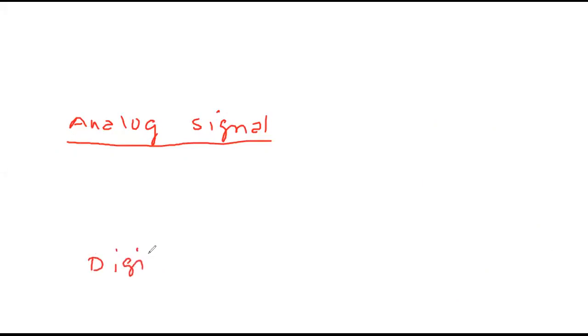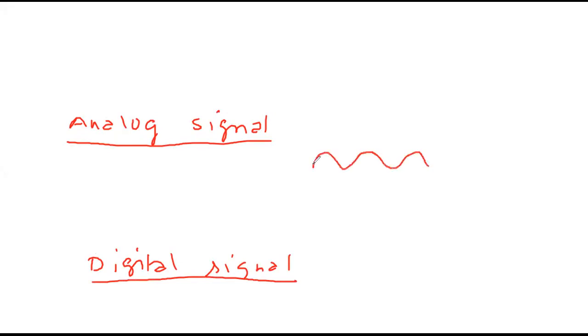Right. Analog signal. Meaning of analog signal and digital signal. This is an alternating signal, correct? This is which type of signal? Alternating. Also called sinusoidal.